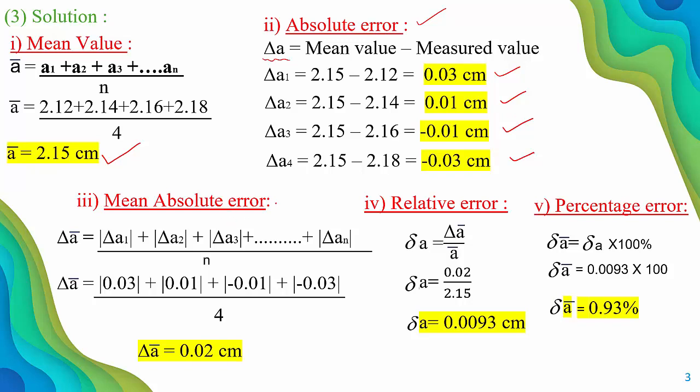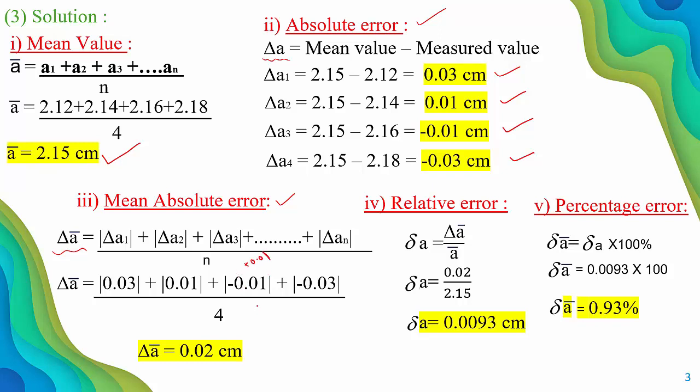Then third point, mean absolute error, which is denoted by delta A bar, is equal to mod of delta A1 plus mod of delta A2 so on up to mod of delta AN divided by N. This is the mean value of absolute error where we consider only positive magnitude, so we have to take mod. Here delta A bar equal to 0.03 plus mod of 0.01 plus mod of minus 0.01, which becomes plus 0.01.